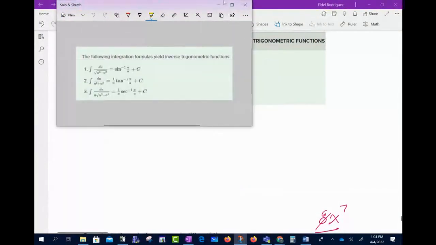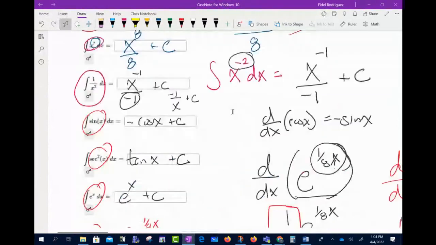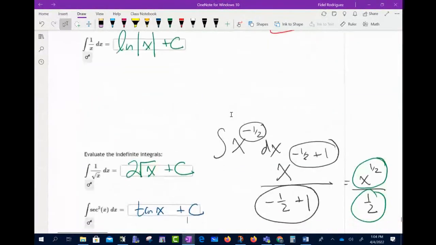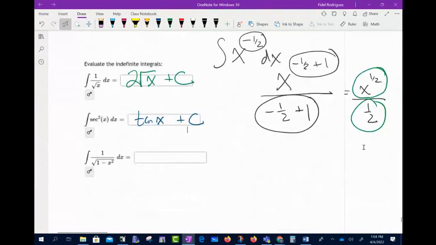Okay, so look, I'm going to copy this here, get rid of that, scroll back down, here we go, and let me paste this. And that's exactly why we have these formulas here.